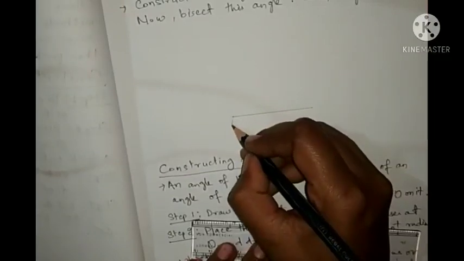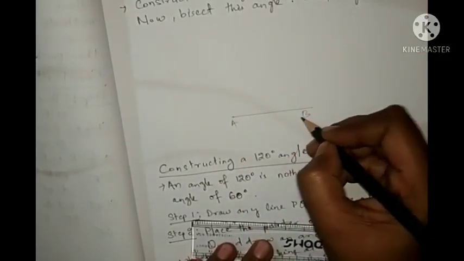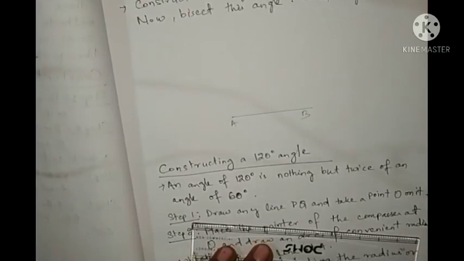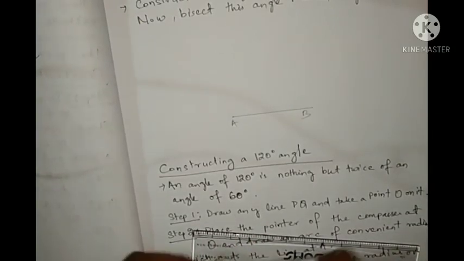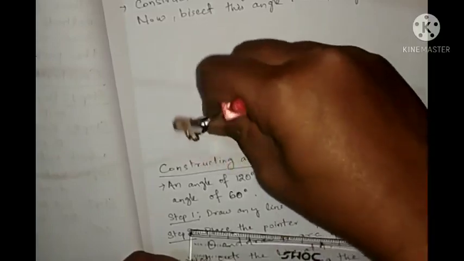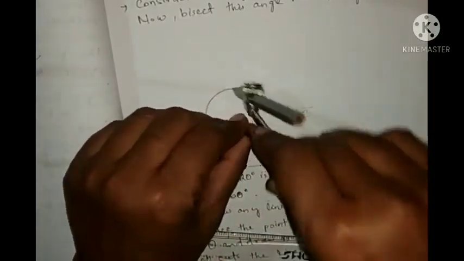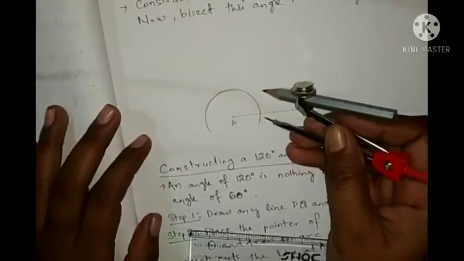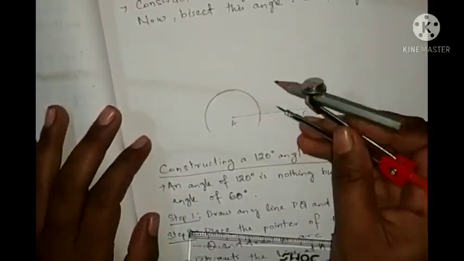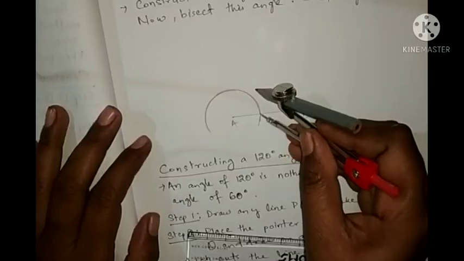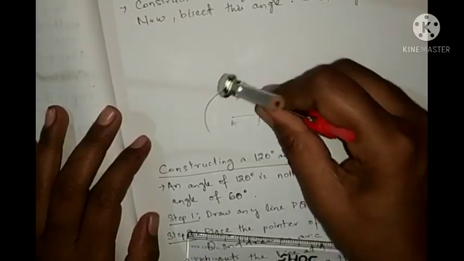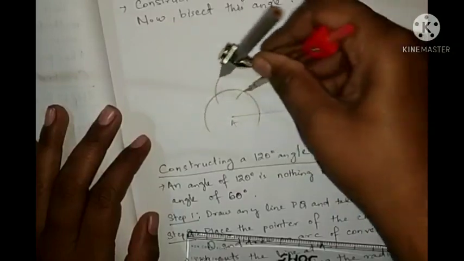Name it A, B. Then from one end point, make the semicircle. Then with the same measurement, take an arc from this one, then from the first arc make the second arc.